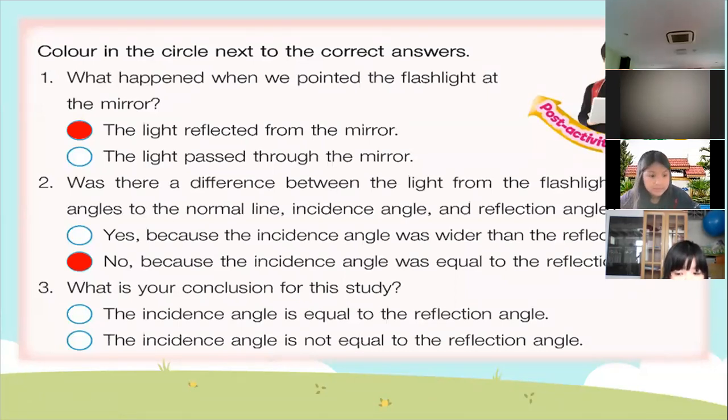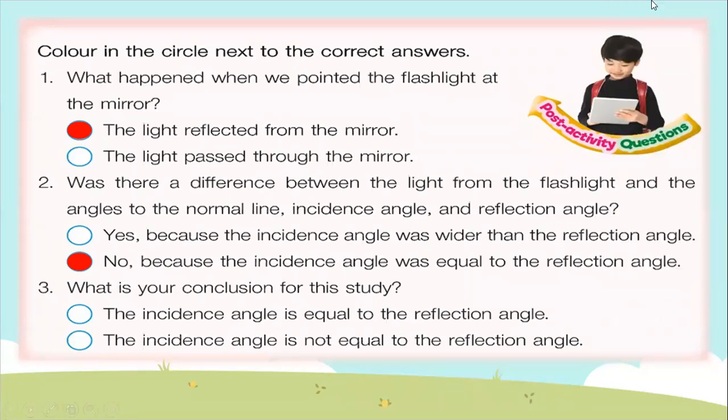We already learned in the last activity that the incidence angle was released at 45 degrees, and the reflection angle was also the same. So no, because the incidence angle was equal to the reflection angle. Both were the same.